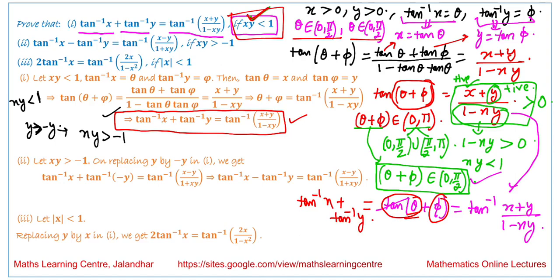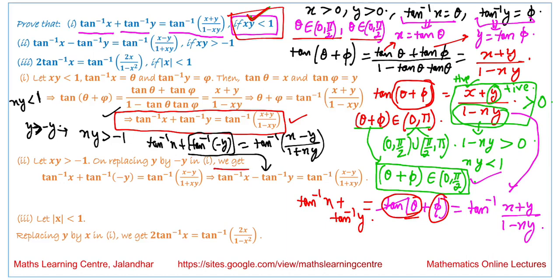So on replacing this in the formula, we obtain that tan inverse of x plus tan inverse of minus y is equal to tan inverse of x minus y over 1 plus x into y. So on applying the formula for tan inverse of minus y as minus tan inverse of y, we obtain the final answer in the form that tan inverse of x minus tan inverse of y is equal to tan inverse of x minus y over 1 plus x into y.